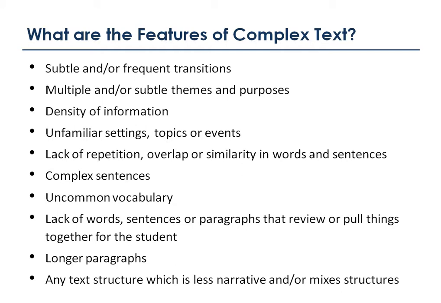Subtle and frequent transitions, multiple or subtle themes and purposes, density of information in terms of how it's packed into the text, unfamiliar settings, topics, or events for which students don't have background knowledge, lack of repetition so that a main idea is not hammered home, or the overlap or similarity in words and sentences are often not repeated as well, and we all know that that helps students comprehend when there is repetition.